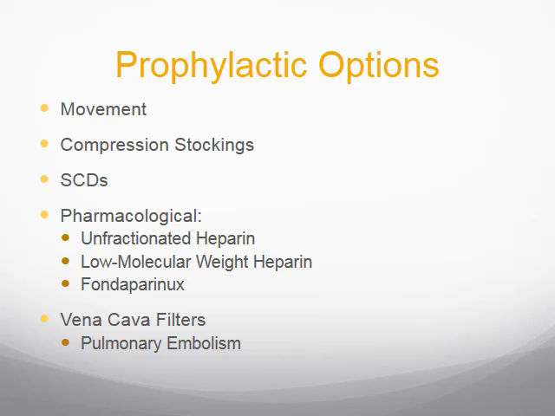Fondaparinux is on there. It's not used for our critically ill patients, but it is used for our general med patients for DVT prophylaxis. So I wanted to include that on this slide. However, I'm not going to really go over it because it's not for our critically ill patients. And vena cava filters. This is more for our pulmonary embolism prophylaxis, but I want to include it in this lecture just so you're aware.